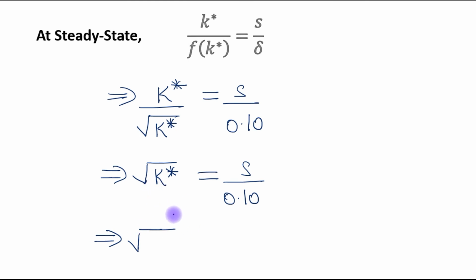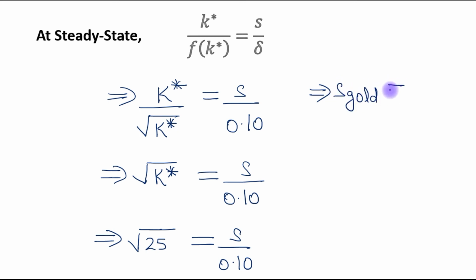So we will write root 25, that is 5, equals saving rate upon 0.10. Next step, so the particular saving rate, that is s gold, will be 0.5. This is the particular saving rate that will support this golden rule level of capital, and it is calculated as 0.5.